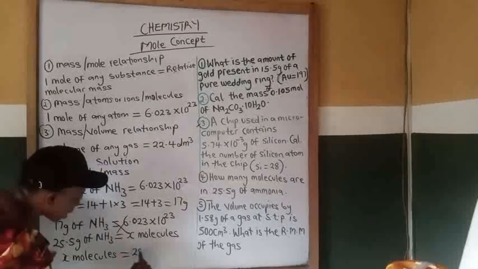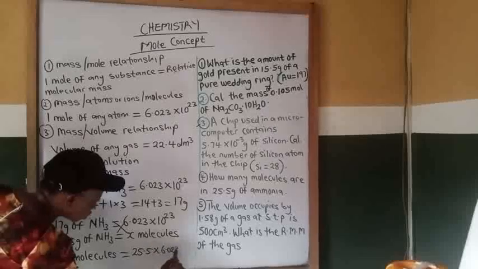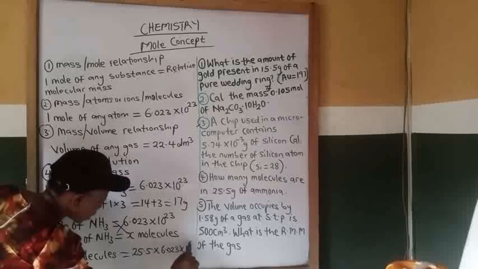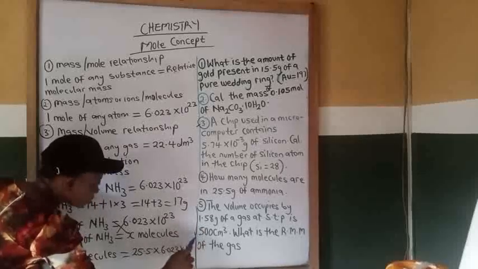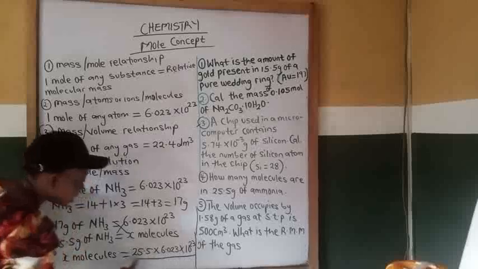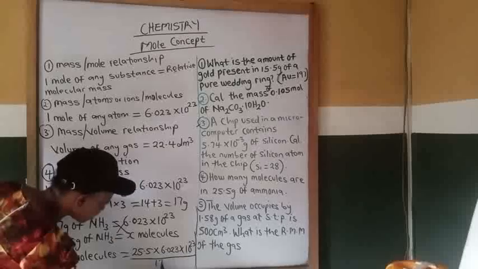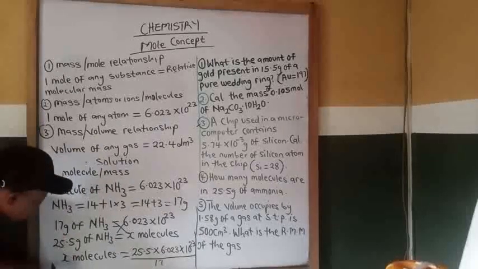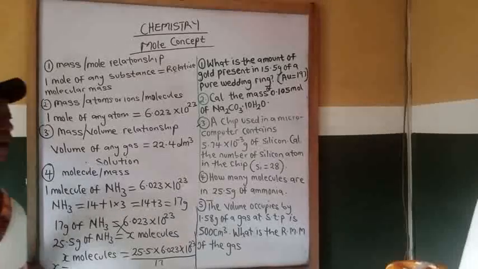So that's 25.5 times 6.023 times 10 raised to power 23, then divided by 17 grams. Divided by 17. So what will be the value for our X molecule?